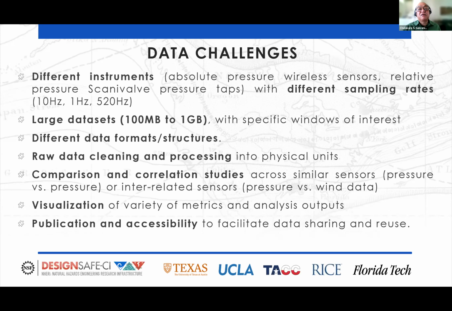One of the things we came across was, since we use different types of instruments, for example, for measuring the pressure, we use absolute pressure gauges, and then there were some relative or differential pressure gauges used by FIU. So when we were comparing the two measurements, we have to take into consideration the effect of absolute pressure gauge versus the differential pressure gauge. And also we used different sampling rates. Our sensors were sampled at 10 hertz, whereas the scanning valve was sampled at 520 hertz.